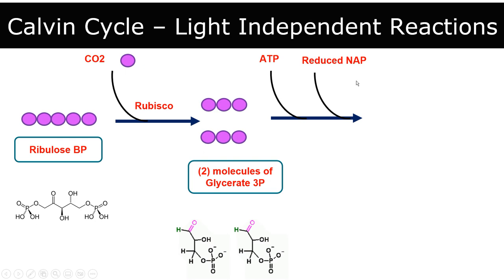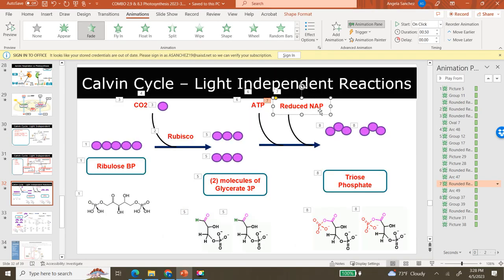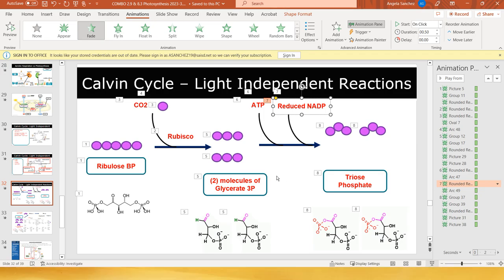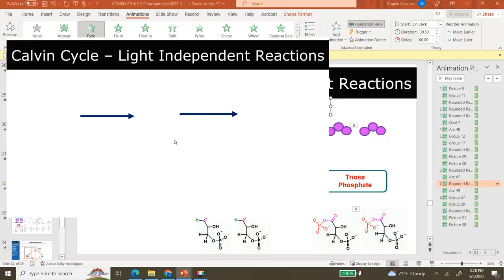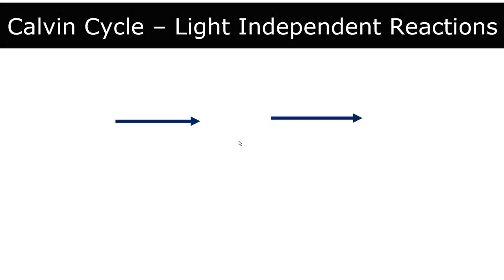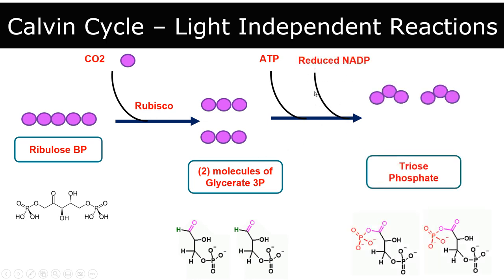Reduced NADP is then going to be used to convert these 2 molecules of glycerate 3-phosphate into triose phosphate.